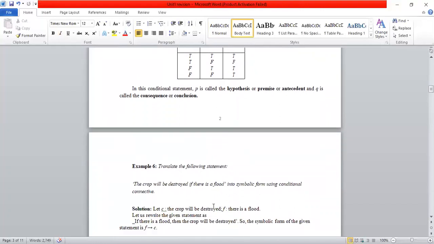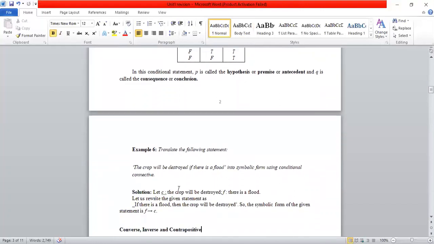Translate the following statement: the crop will be destroyed if there is a flood. If there is a flood, the crop will be destroyed. You have to define two statements here. Let C be the statement that the crop will be destroyed, and F the statement that there is a flood.